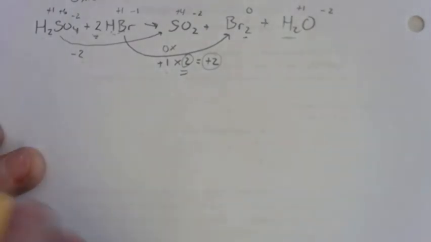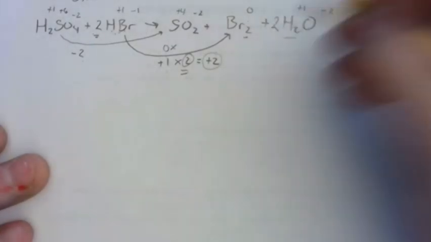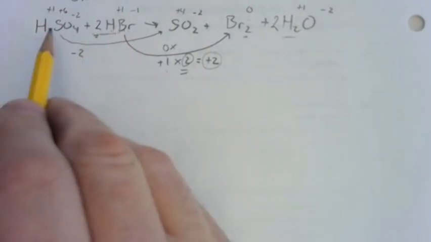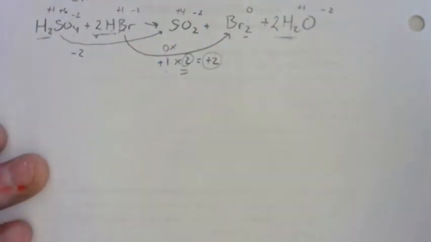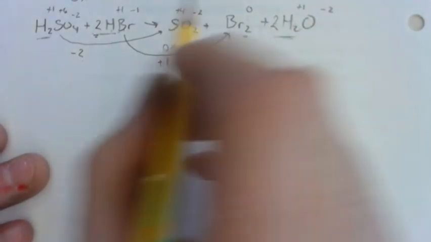So the last step is we now need to balance out all the other substances and make sure that we have an equal number on each side. So I'm going to put a 2 here, and that way we have 2 hydrogens plus 2 hydrogens gives me 4, and over here we have 4 hydrogens. And just double checking oxygens, we have 4 oxygens.